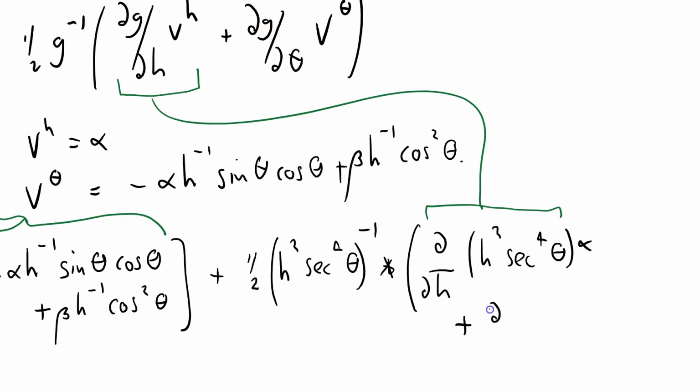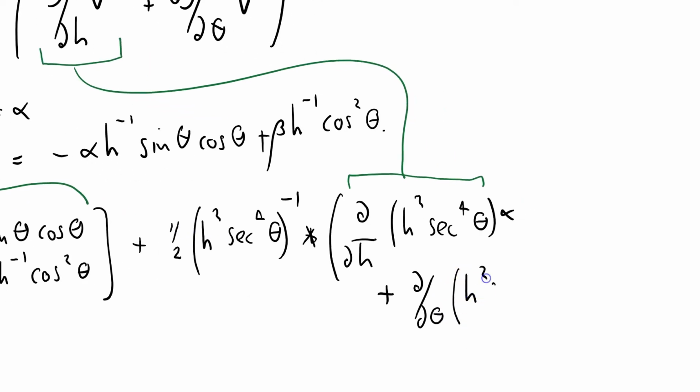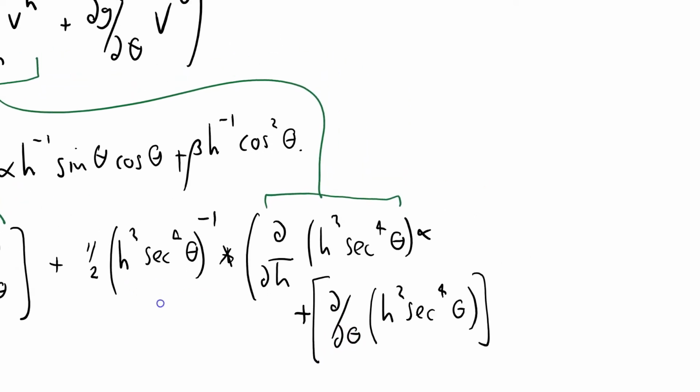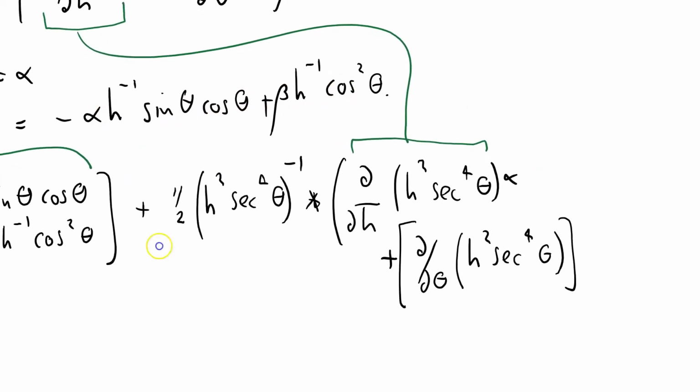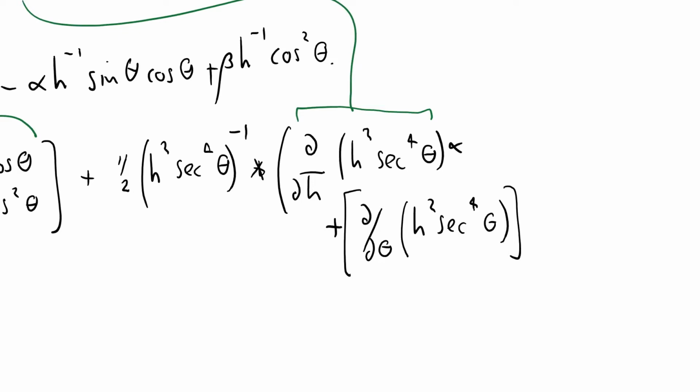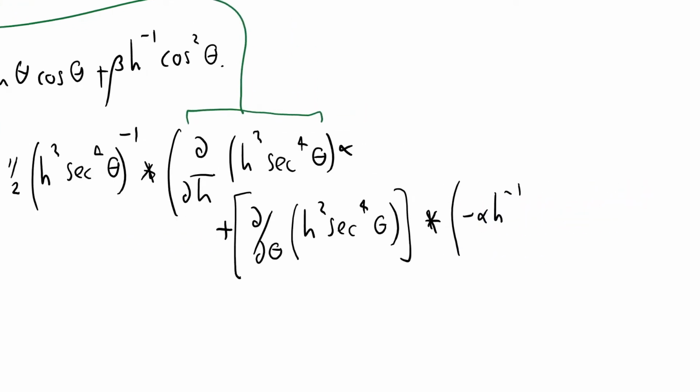This term here now, ∂/∂θ of h squared sec to the 4th θ times, I'm going to put that in brackets because it's easy to think the differential continues to the whole thing, V superscript θ, which is this thing here, times minus α h^-1 sin θ cos θ plus β h^-1 cos squared θ.